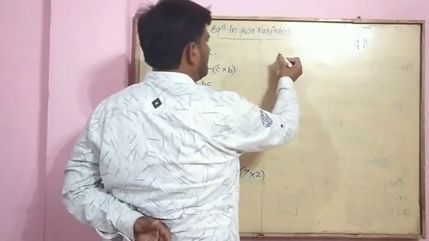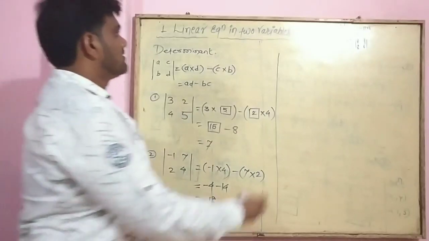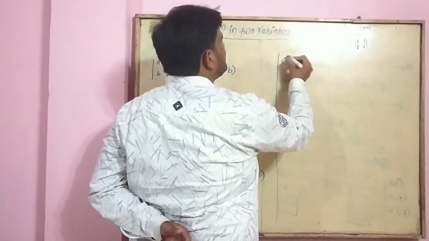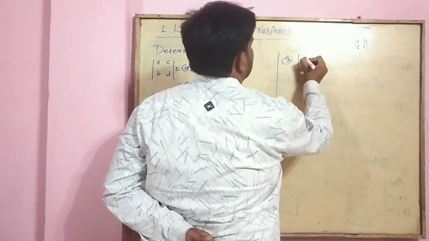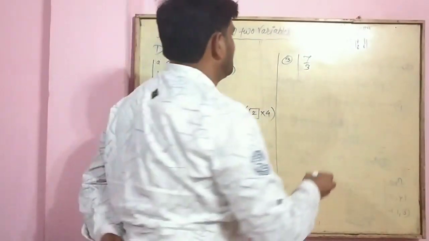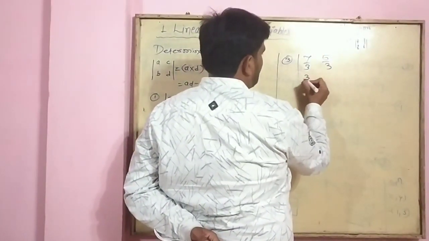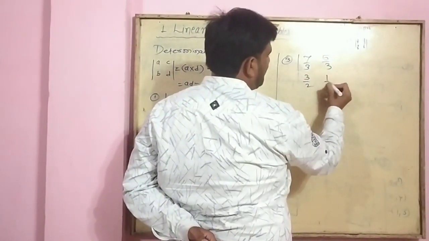Now again, the next type of determinant. See here, next example from the same exercise 1.3: 7 by 3, 5 upon 3, 3 upon 2, 1 upon 2.